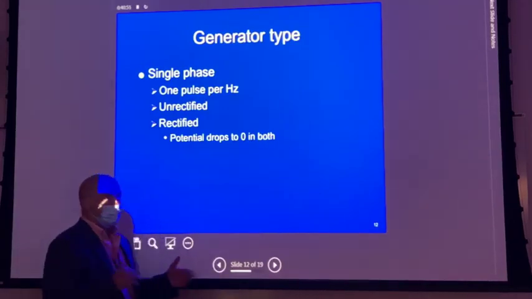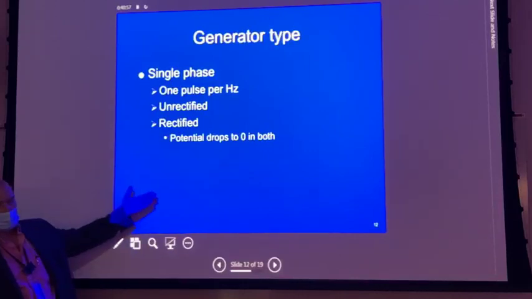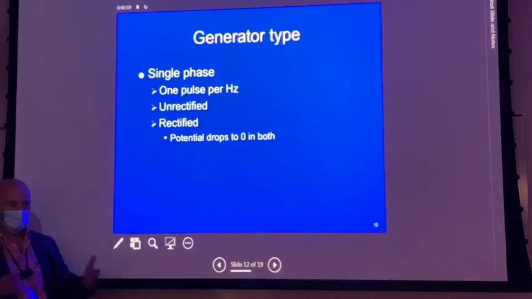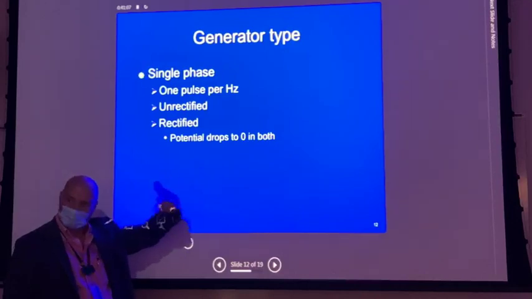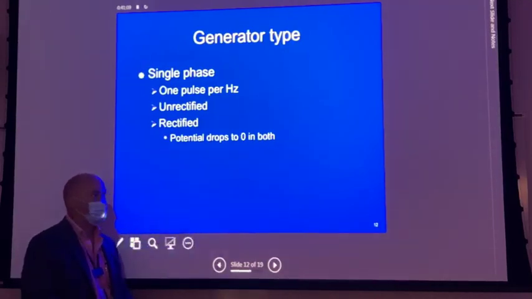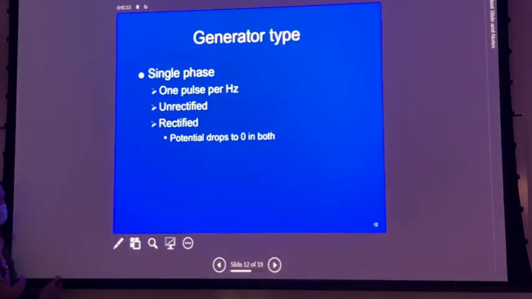So we can't use those, but if they're using very low voltage in comparison to what we're using, then they don't necessarily need rectification, so they can use unrectified, single phase, single pulse x-ray energy. And the tubes probably live for a long time.